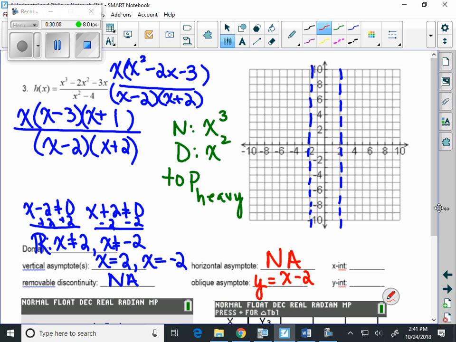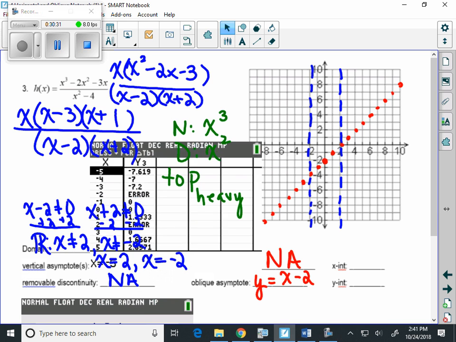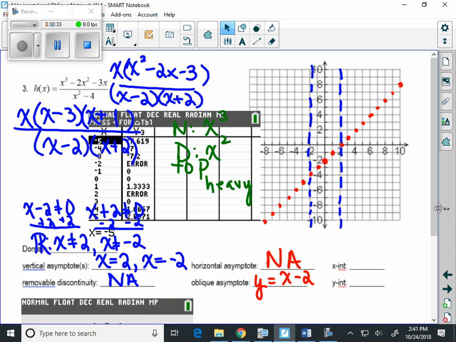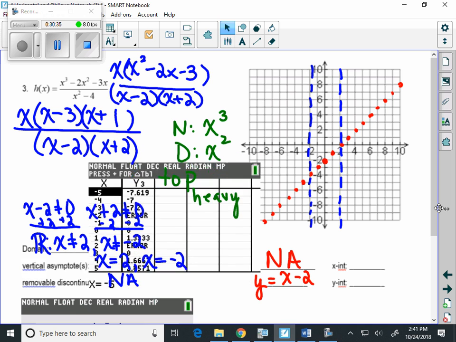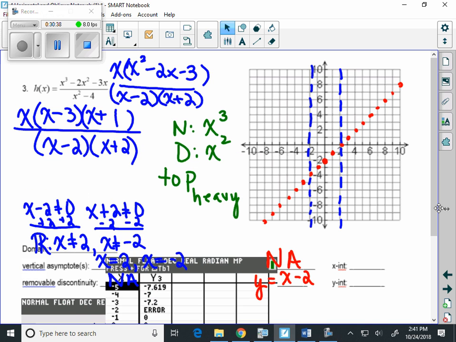So remember that b is negative 2, and our slope is 1 over 1. Up 1 over 1, up 1 over 1, and downward to the left. So there's our asymptotes. And then again, we can get a couple of points here. I thought that would cover up those, and it didn't. Okay, that doesn't help. So I'm going to slide that back down.